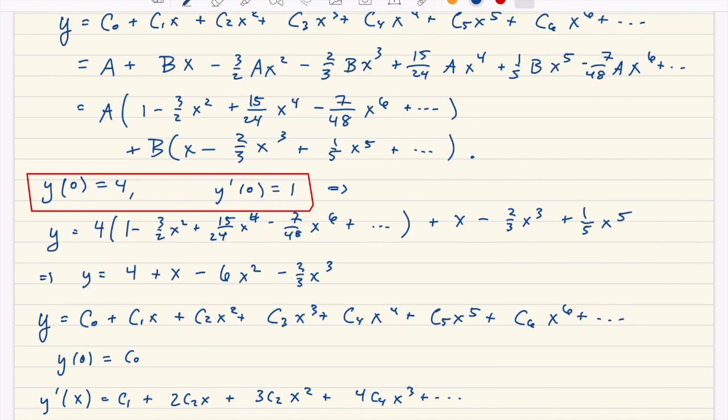I guess that could have simplified to begin with. 15 over 24, you can factor 3 out of it, so you get 5 over 8, so this is going to be 5/2 x to the 4th plus 1/5 x to the 5th minus 7 over 12 x to the 6th, and so on. And so that's really our solution right there.